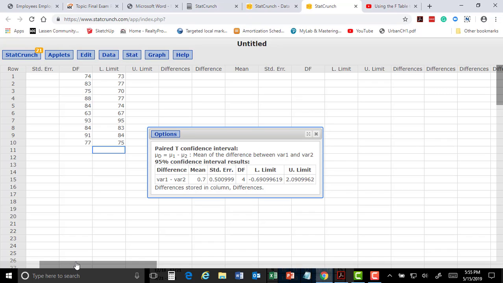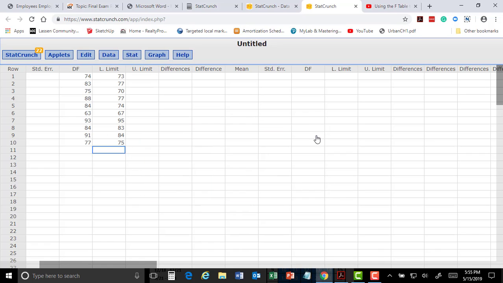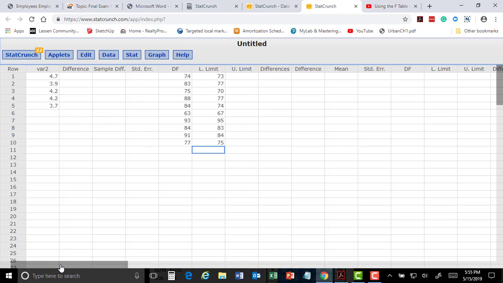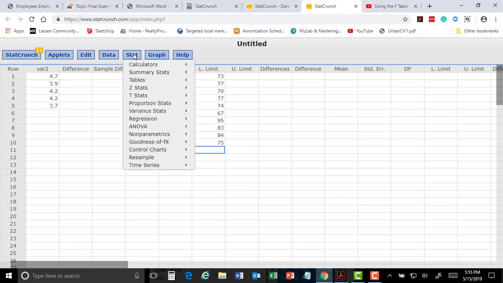Okay. What's going on here? Did we put in the right columns? Let's see. Oh, they went here. Oh, okay. Thanks.